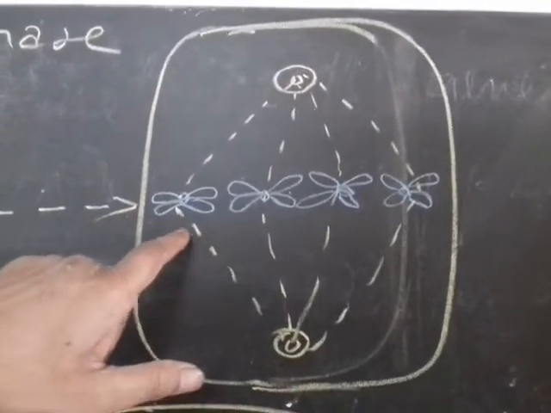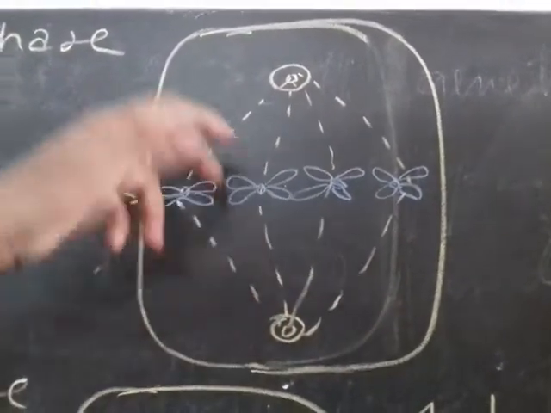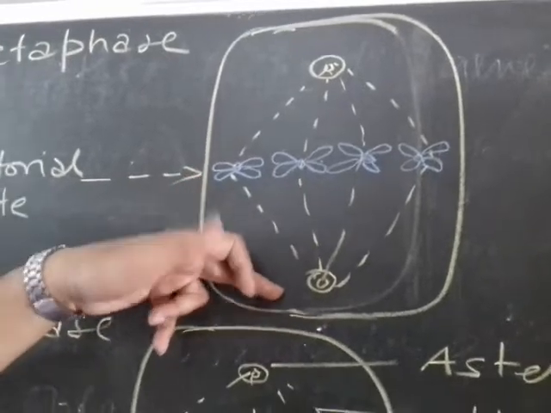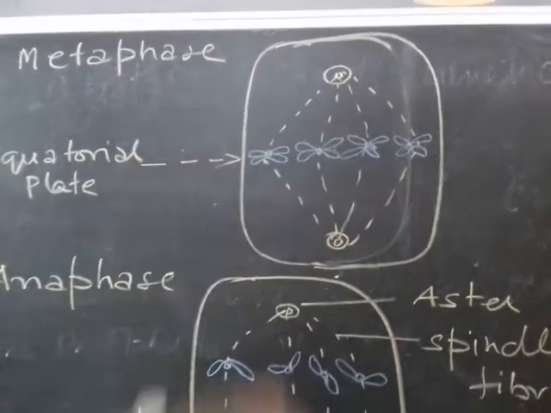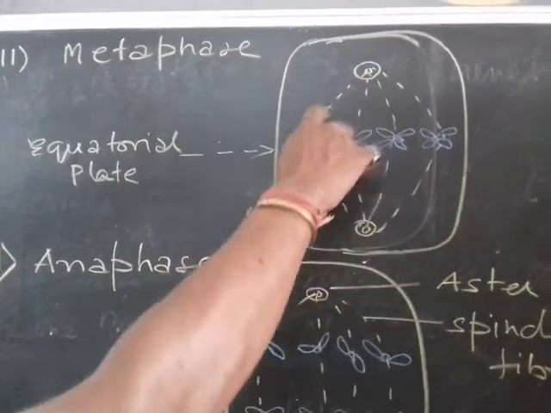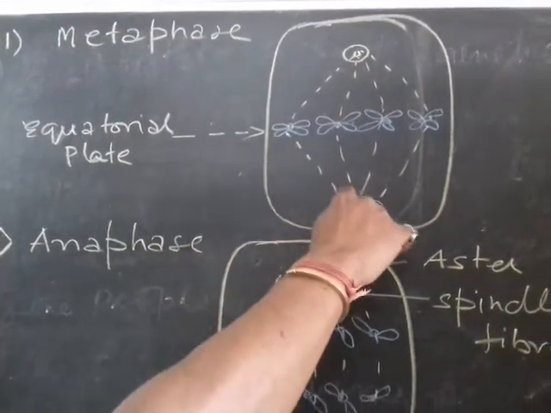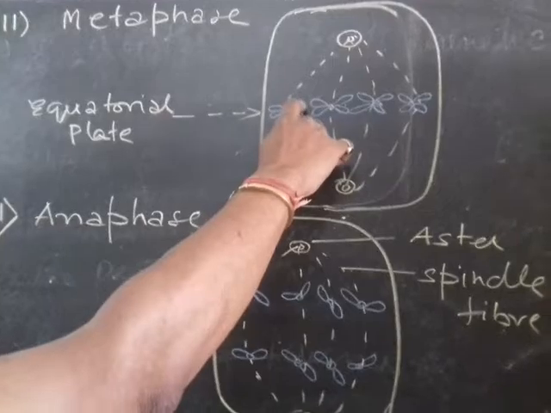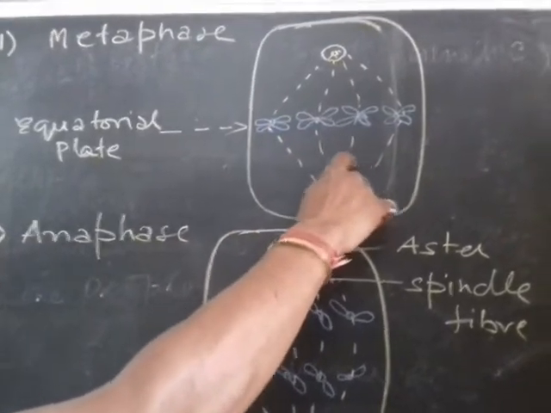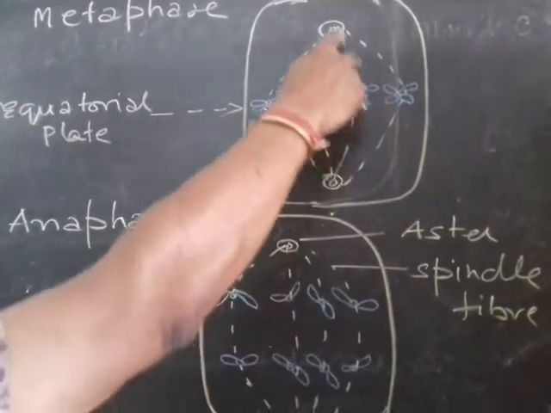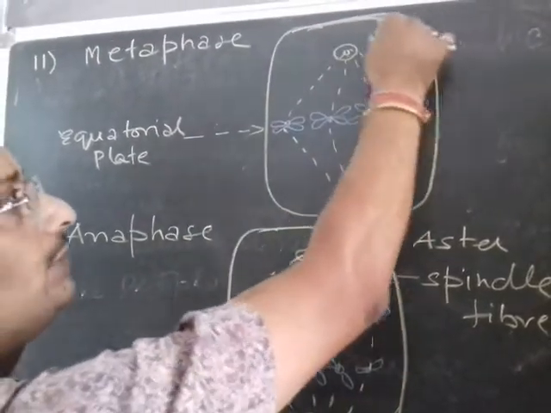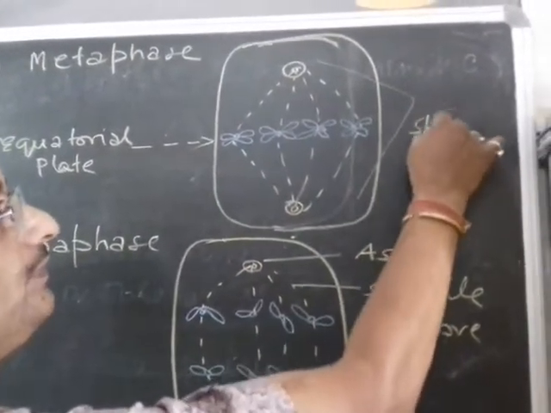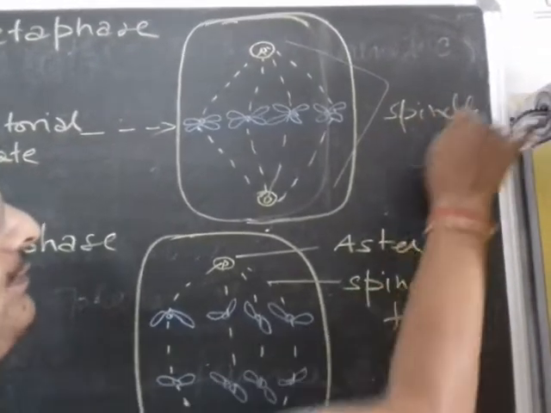So you can see the centrioles located here, and it looks more like a star. That's why it's called the asters. And these asters connect to the chromosomes at the centromere and on the chromatids also, and these are called the astral rays. This appears as a spindle-like structure. That's why we call this together the spindle apparatus.